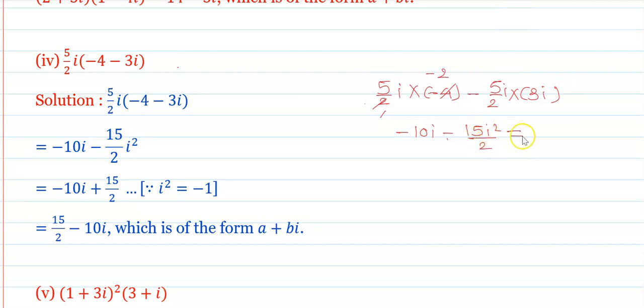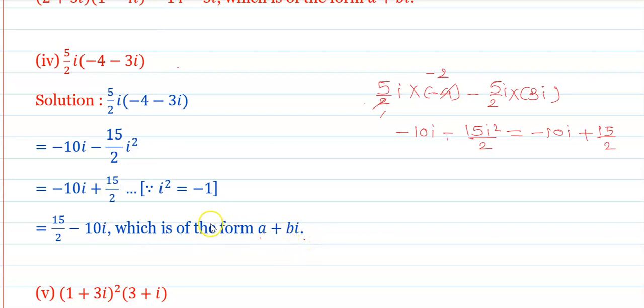Now i square is minus 1. Therefore here you will get minus 10i plus 15 by 2. And here we can write it as 15 by 2 minus 10i, which is of the form a plus bi.